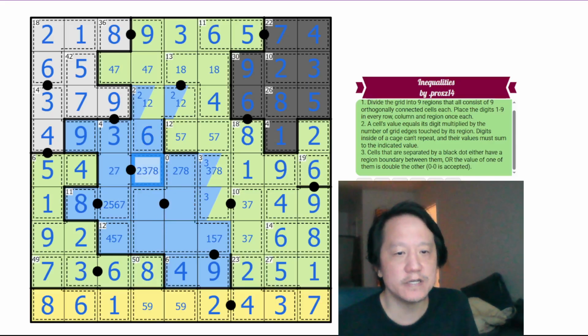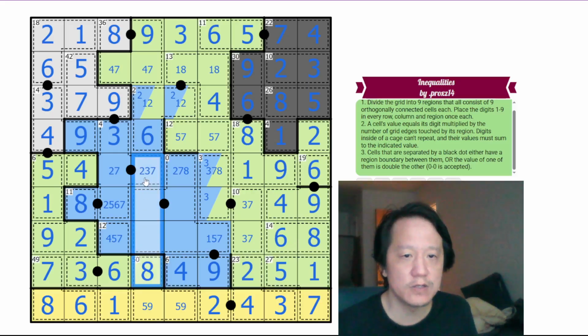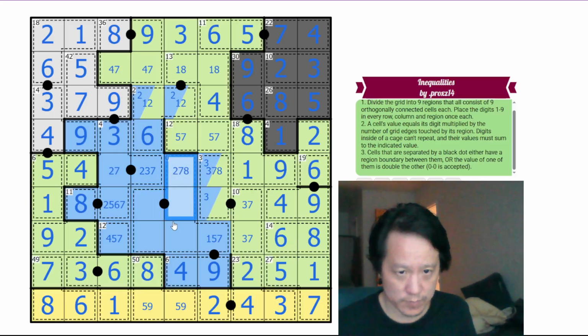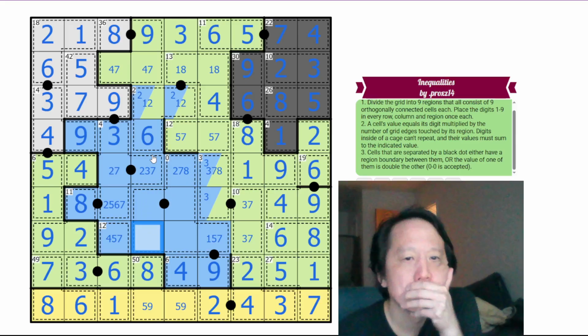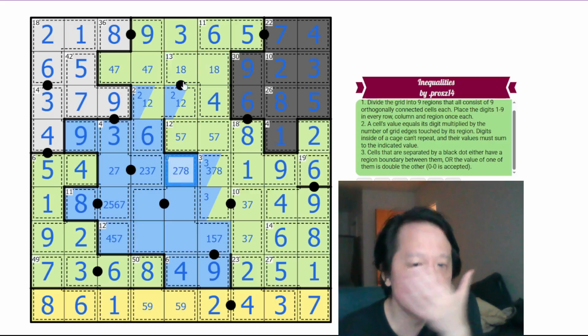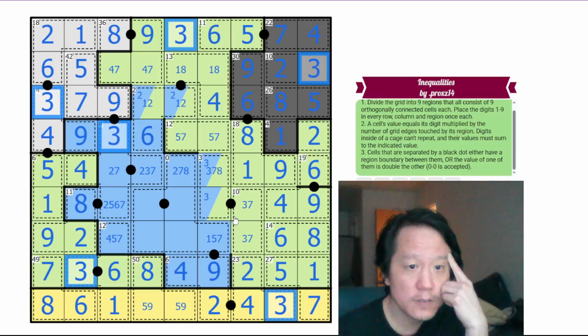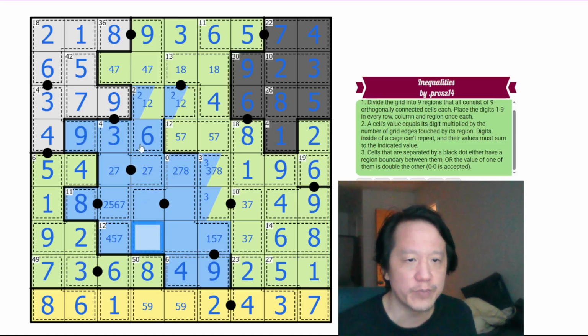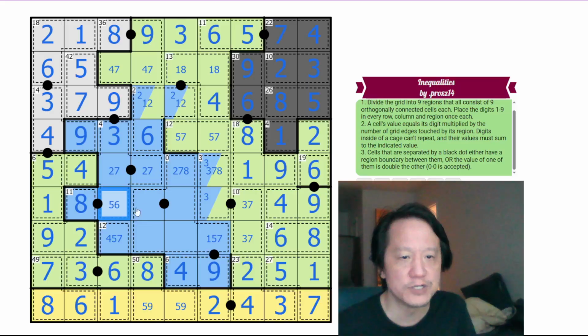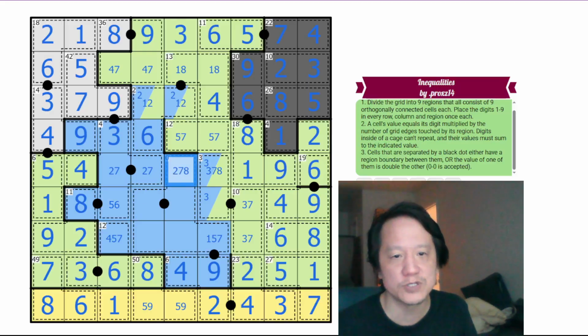8 eliminates 8 here in the column. 3 here eliminates 3 in the rest of the cage. So this becomes a 2-7 pair, which eliminates 2-7 in the rest of the row and cage. This can't be 2 or 7.